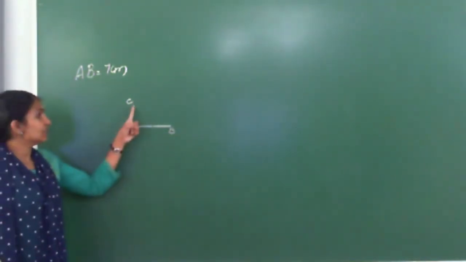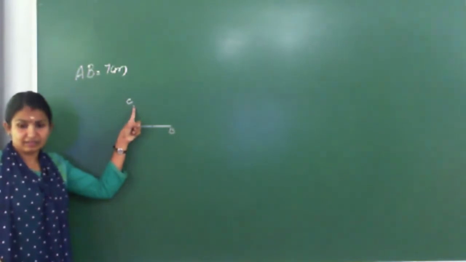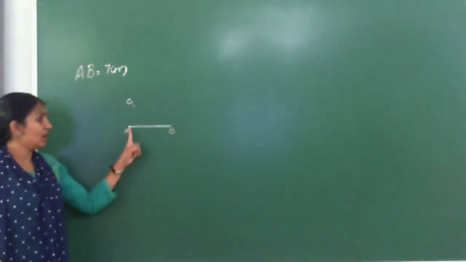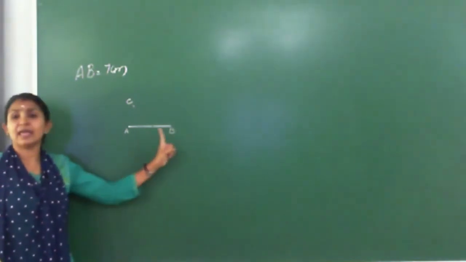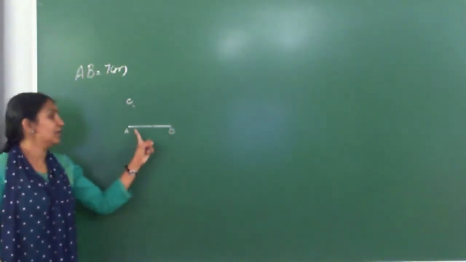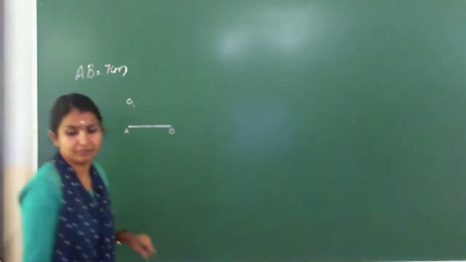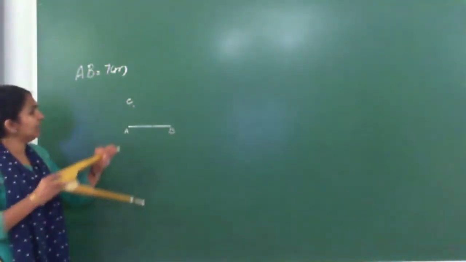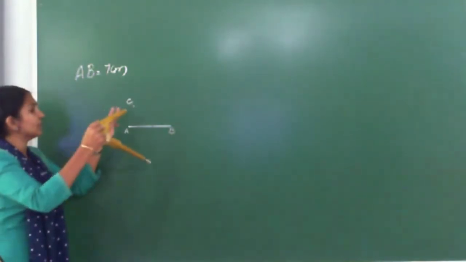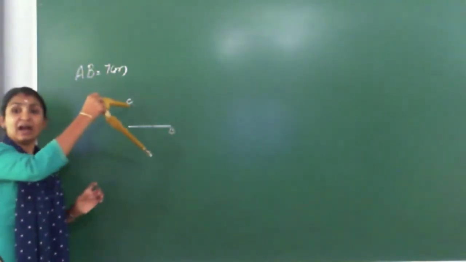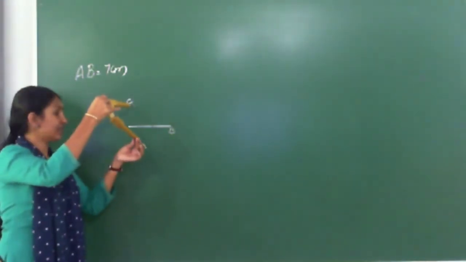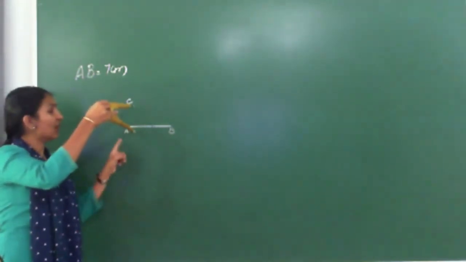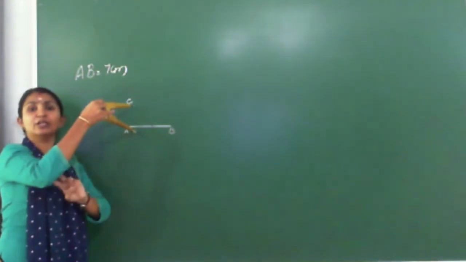Now with C as center, we want to draw an arc. That arc should cut this AB in two places. It means we have to keep our compass on C and adjust our compass radius in such a way that it cuts this line AB in two places.